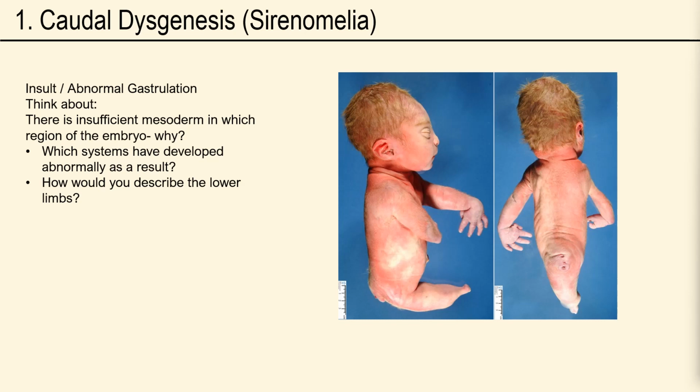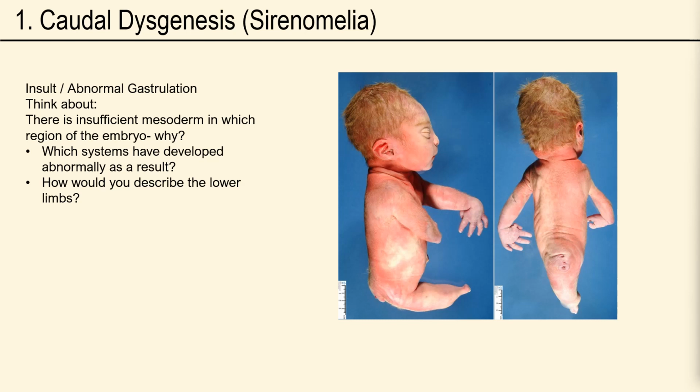Gastrulation itself may be disrupted by genetic abnormalities and toxic insults. In caudal dysgenesis or sirenomelia, insufficient mesoderm is formed in the caudal-most region of the embryo. Because this mesoderm contributes to the formation of the lower limbs, the urogenital system and the lumbosacral vertebrae, abnormalities in these structures ensue.